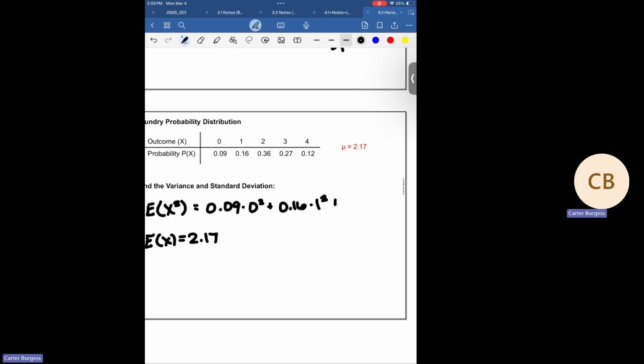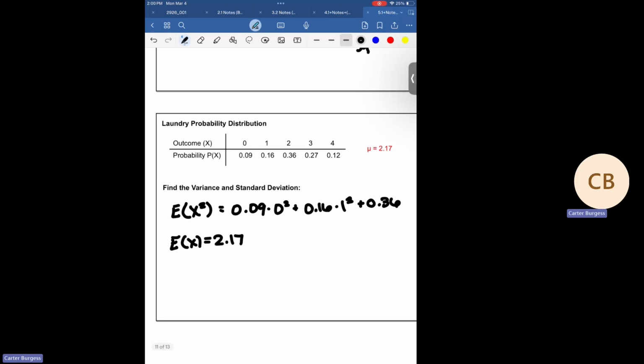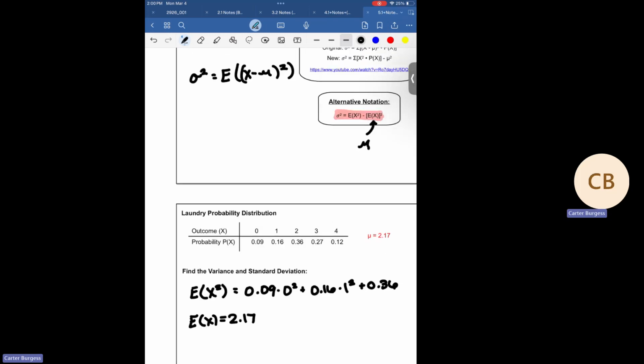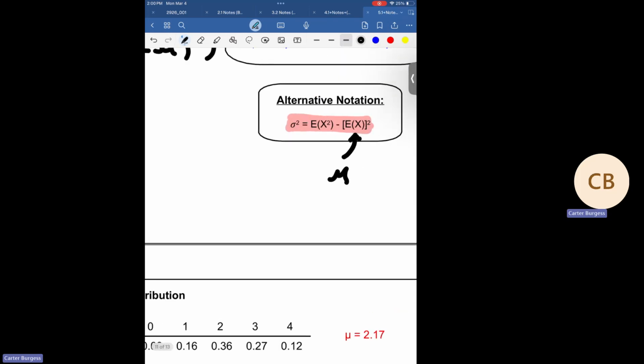Plus, this is for that expected value of the x squareds. So this is the first part of this formula that we're seeing here. So we're breaking this apart, and we're going to approach it in two separate ways. This part has already basically been calculated. We just need to square the mu that we already have. And what we're doing right now is we're just focusing on this part for now.